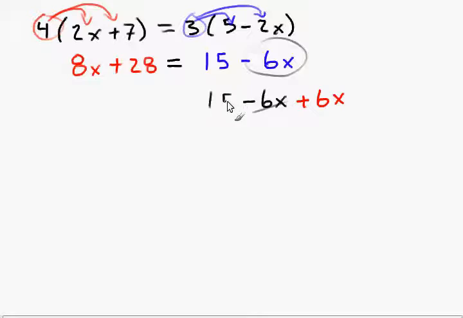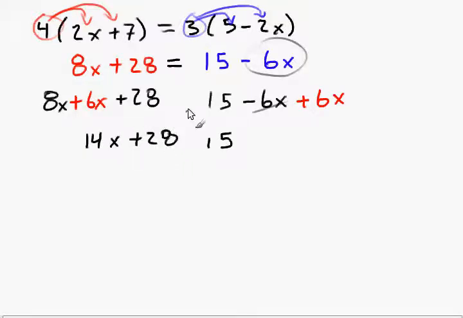They'll cancel, and I'll be left with 15 as my right-hand side. But we have to do the same thing to the left-hand side. 8x plus 6x is 14x plus 28. And since we performed the same operation on both sides, they're equal to each other.